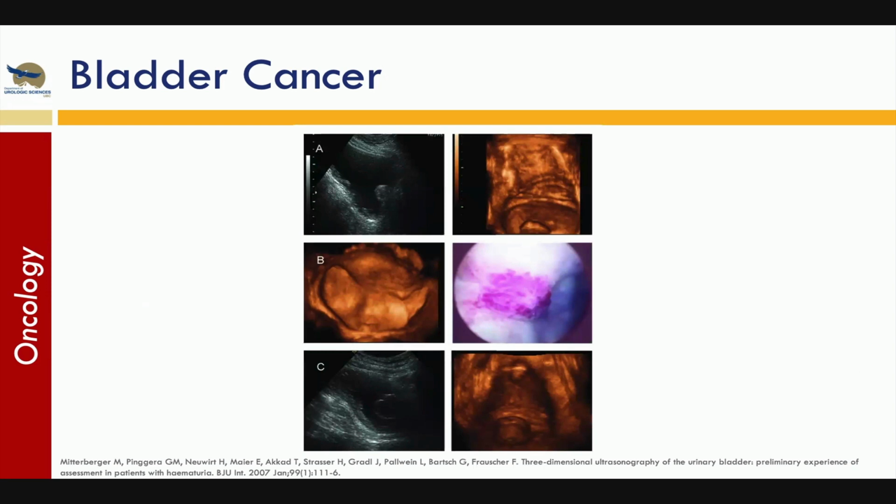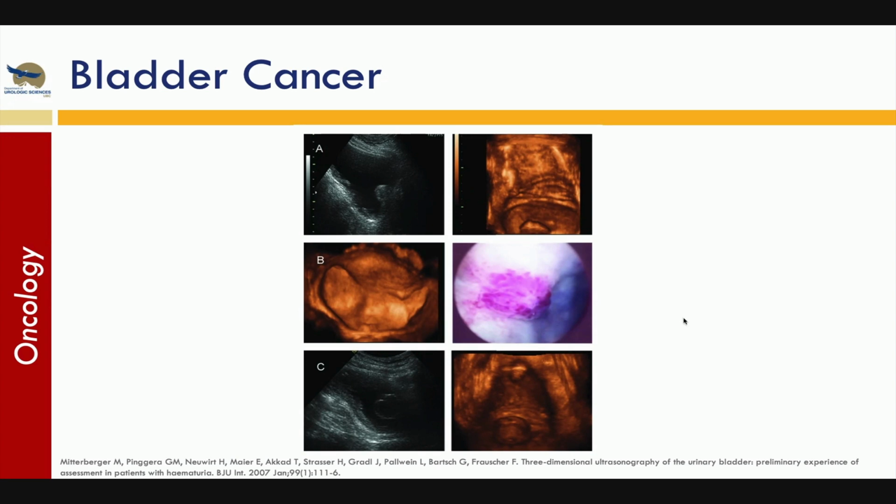So in the first set of images, on the left side is this bulge there. That looks like it could be a bladder tumor, but on the image to the right of that, the corresponding 3D images, you see that it's actually just a really big median lobe of the prostate that was imaged at a funny angle on the grayscale image.